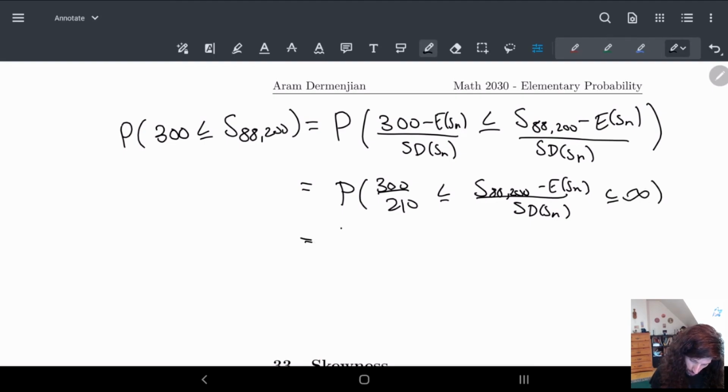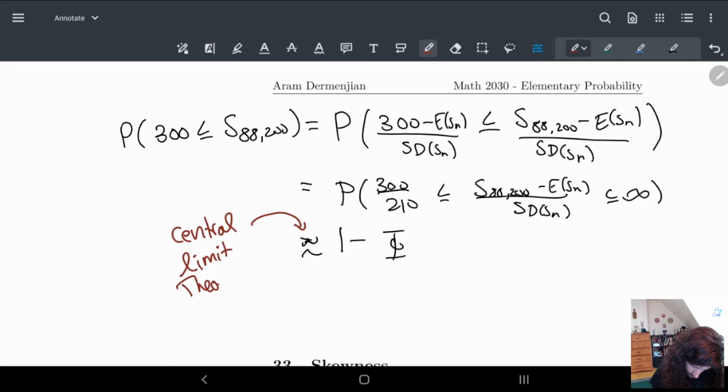So here we have 1 minus, so this is our approximation from the central limit theorem. 300 over 210.